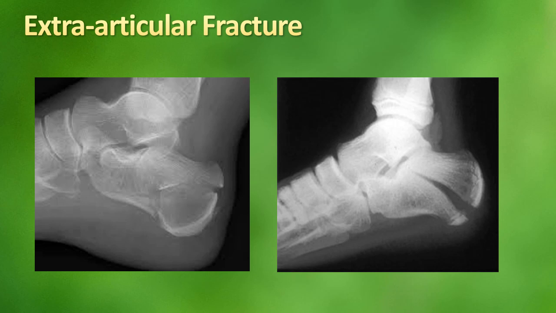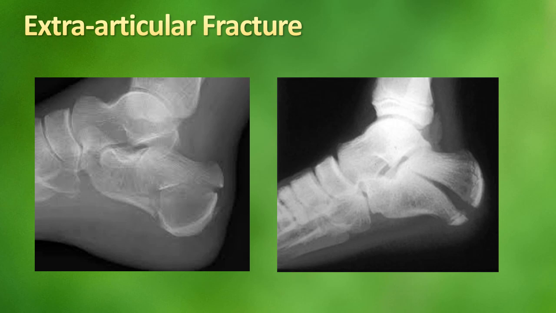So, if any fracture reaches up to the subtalar joint, it has the potential to affect the movements occurring at the subtalar joint. From the previous lecture, you can recollect that the inversion and eversion movements and some component of pronation and supination movements occur at the subtalar joint or talocalcaneal joint. So, if this joint is affected, it may affect those movements.